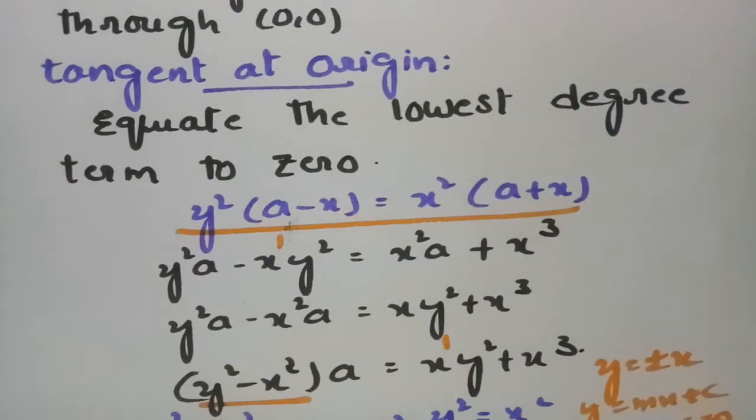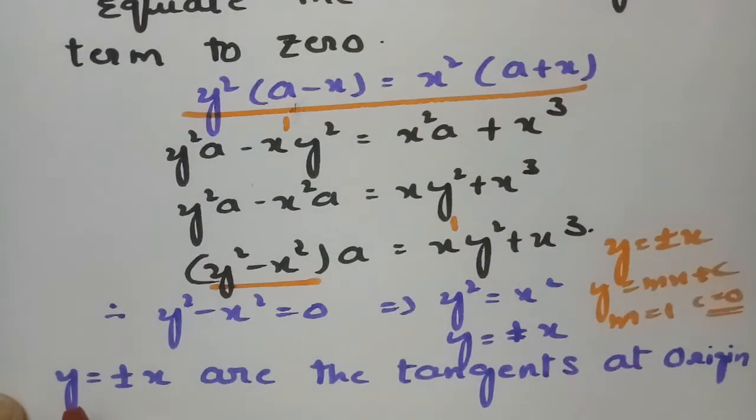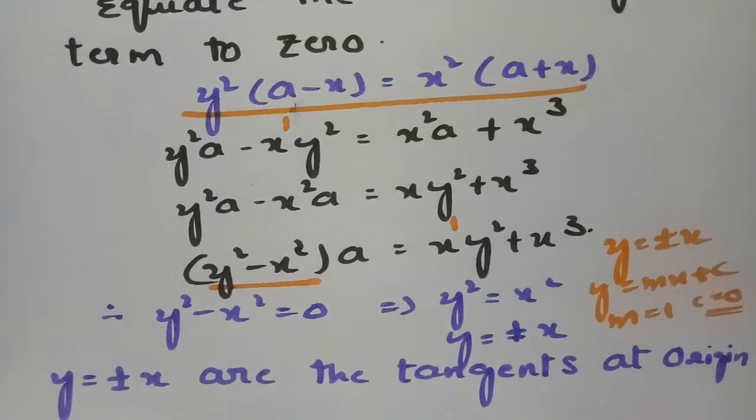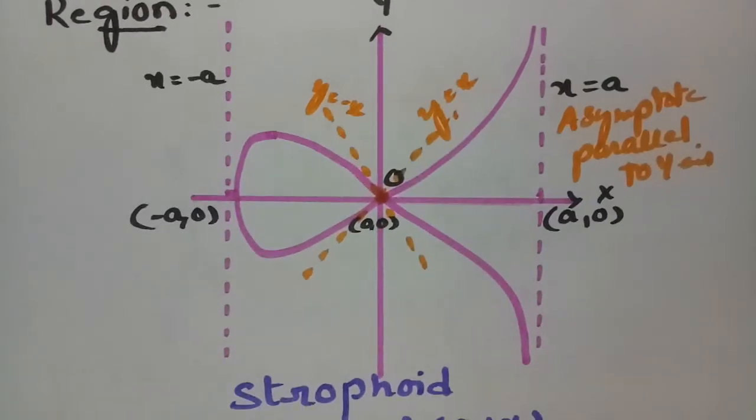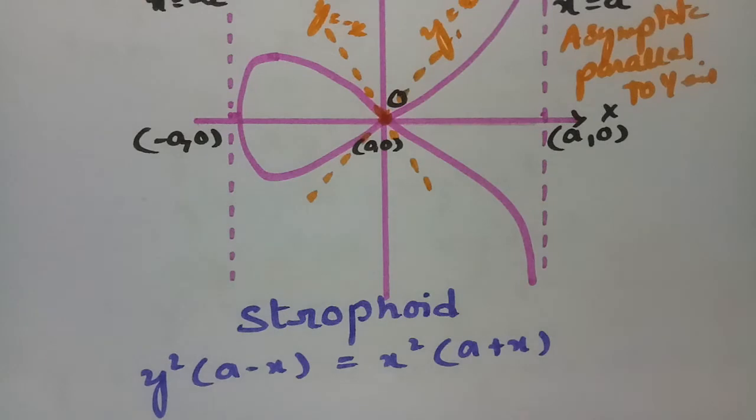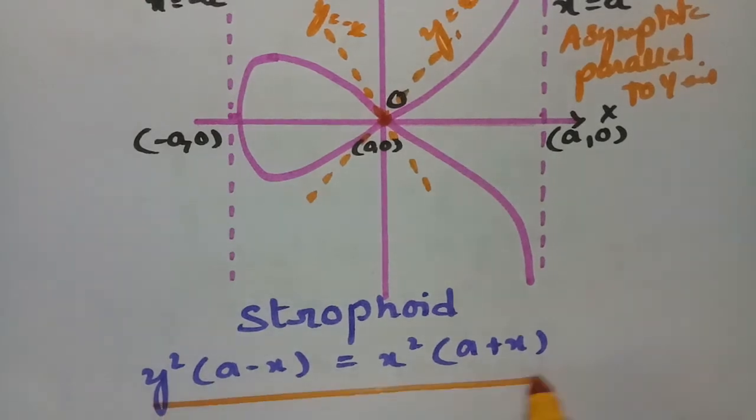So from this equation, I have plotted the tangents at origin, that is y is equal to plus or minus x are the tangents at origin. So these are all the points which I have plotted here, and this will be the region, and this is nothing but strophoid. So this is the strophoid figure, and this is the equation of the curve, that is y square into a minus x is equal to x square into a plus x.